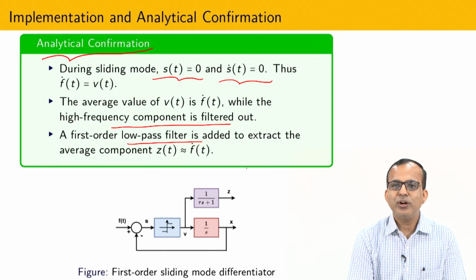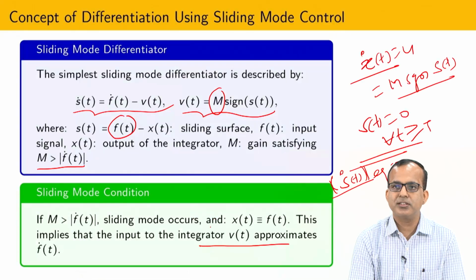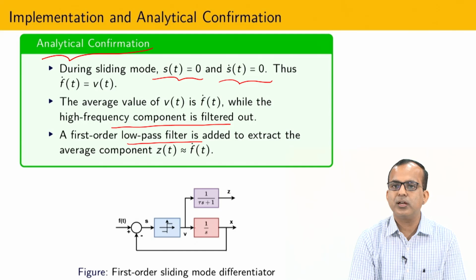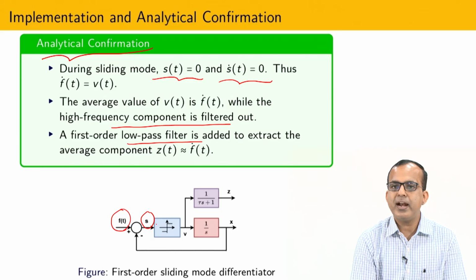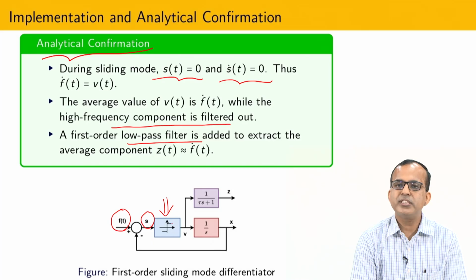Okay. So now you can see that I have constructed a first order system, because I have to construct the differentiator based on x dot equal to u. Due to that reason this block comes into the picture, and after that I have to differentiate this signal f(t). So I take the difference between f(t) minus x(t), that is nothing but sliding mode control, and after that I pass this through some kind of switch gain based control, and the value of the gain is m.